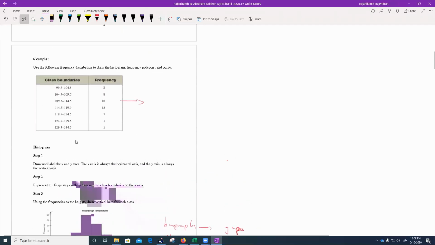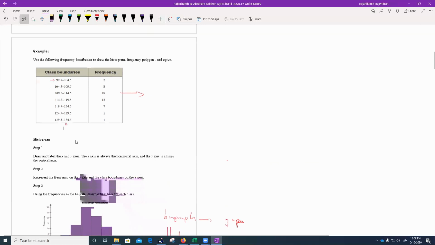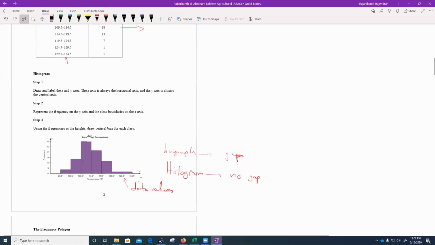If you look at our class boundaries, we will take these values as our x values. The smallest class boundary is 99.5. Therefore, I'm starting my x values from 99.5 all the way up to 134.5. So I'm plotting those points on the x-axis.